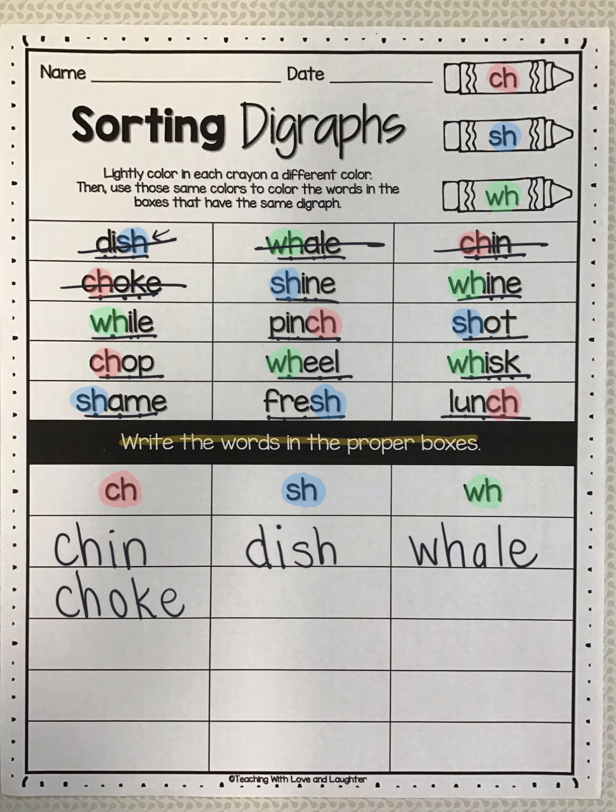Next word is shine. I'm going to put it underneath the SH column. Sh-i-n. Shine. Cross it off when you're done. Then I have wine. W-i-n. It goes underneath the WH column. Cross it off when I'm done.